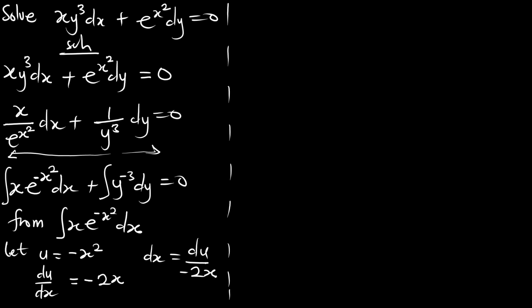We can bring it inside the equation, where we are going to have the integral of x e to the negative x squared, which is equal to the integral of x, and e to the u because we've let u be that. Now, what is dx? dx is du over negative 2x.